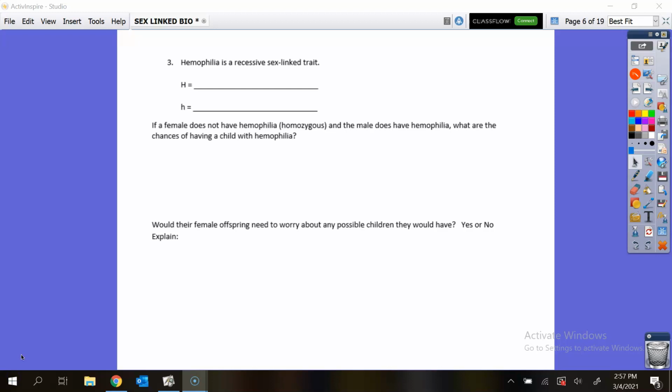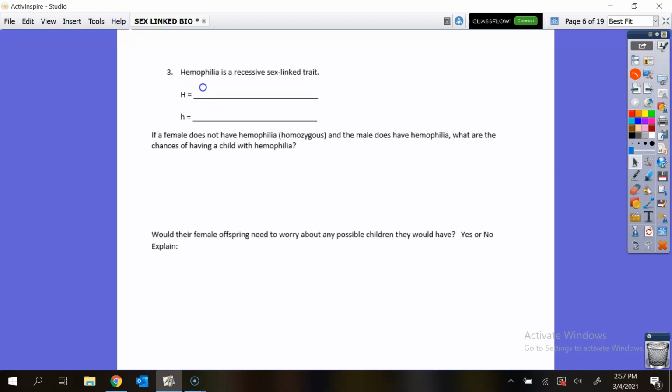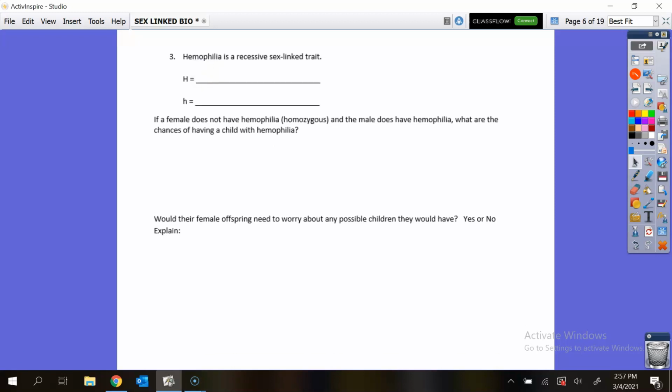Okay, so for this one, we will use H's like they did in the video. So this would be normal blood clotting. Whereas if you have the recessive allele, you would have hemophilia.